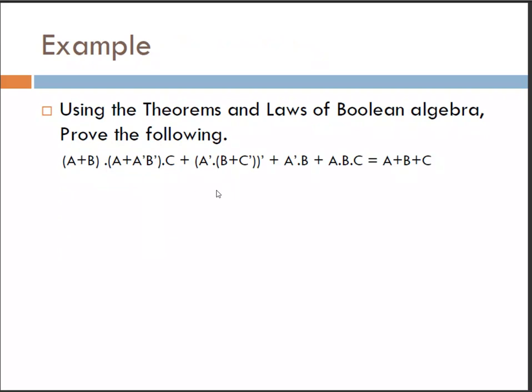Here we have an example using the theorems and laws of Boolean algebra. Prove the following. You have to make sure that the left side is equal to the right side by using laws of Boolean algebra and theorems where necessary. Remember that this bar means it is over the whole expression in this bracket. Okay, so let's move forward.